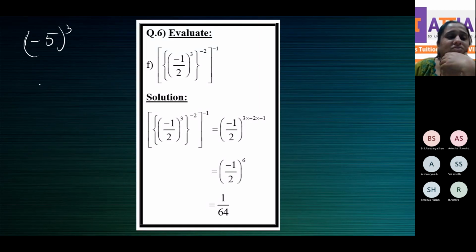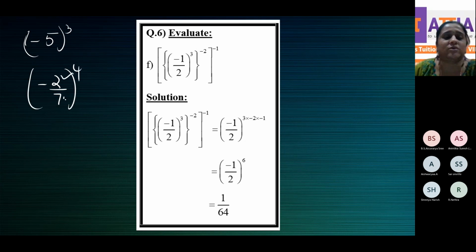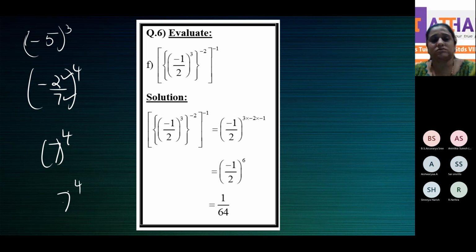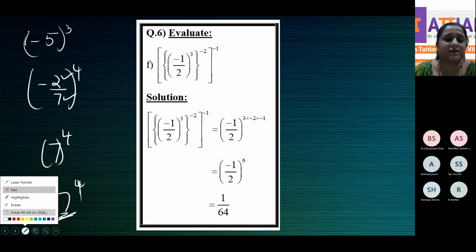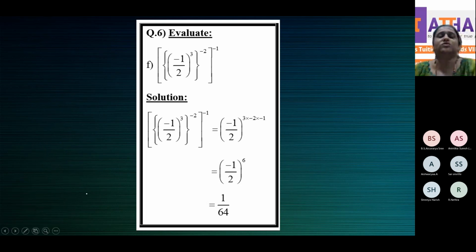Or if it is like minus 2 by 7, then also we say whole power 4, because the power 4 is for the numerator and the denominator. But if we just have 7 to the power 4, that's fine. You don't have to put a bracket because there's only one entity there. If not for 7, then for whom else is the power 4? But if there's more than one, you should use a bracket.